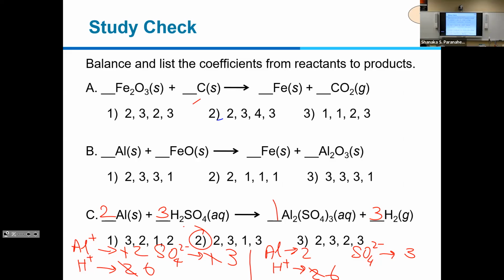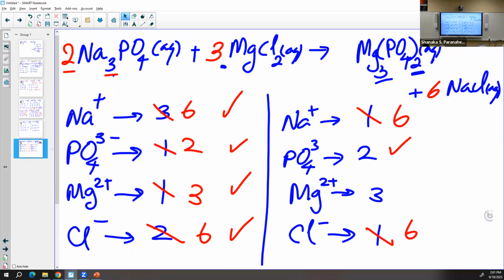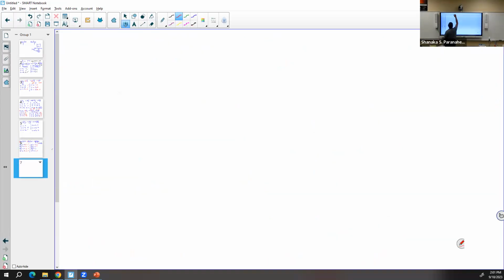Okay. Let me give you another reaction like this. That reaction is going to be potassium nitrate and carbonic acid. Potassium nitrate is KNO3, aqueous.